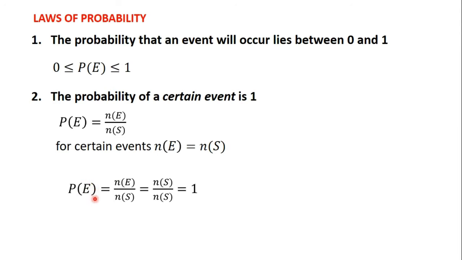Probability of E is equal to the number of elements in E divided by the number of elements in S. But the number of elements in E is the same as the number of elements in S. So we can replace n(E) with n(S). So you have n(S) divided by n(S), and this will cancel out, so you are going to have 1. So this is the proof that the probability of a certain event is 1.